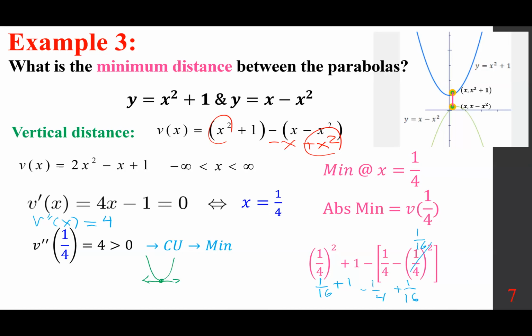And 1/16 and 1/16 is 1/8. 1 minus 1/4 plus 1/8 gives us 7/8. So that's easy to do, and it's elementary algebra, so you can do it yourself.